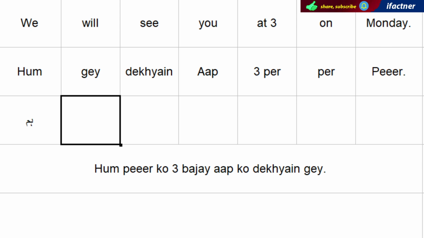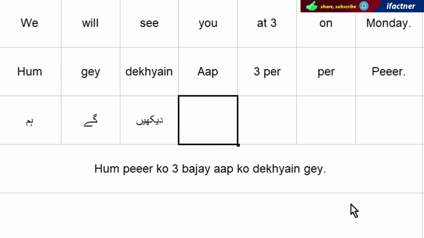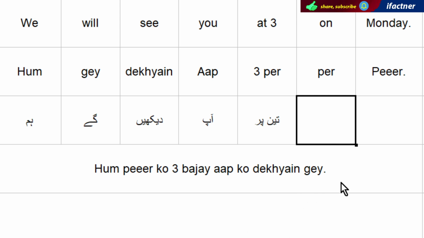Ge is गाफ बढ़िए गे. देखें दाल ये काफ हे ये and नूना. देखें. आप is alif madha पे साकिन आप. 3 is ते ये नून. 3 and पर is पे रे पर. पर is पे रे पर and पीर is पे ये रे पीर.